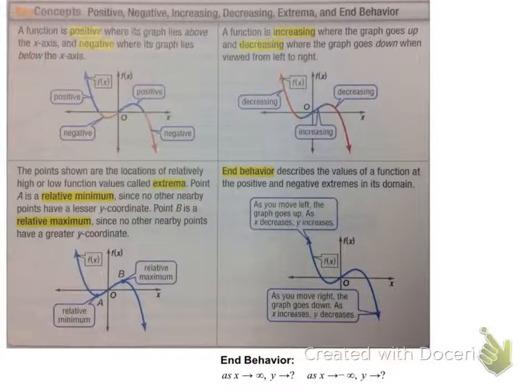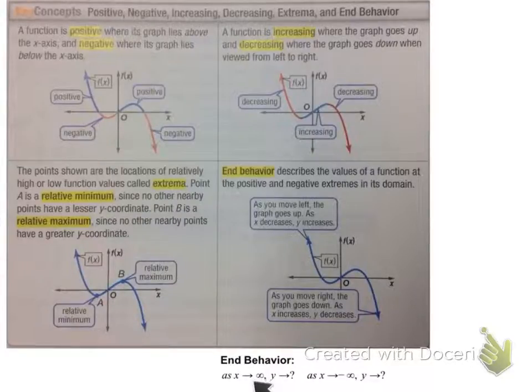Okay? And the last one is called end behavior. End behavior is what is going on at the ends. Now, on the very bottom there, I see that it's also very small. I just basically want you to fill in the question marks. As x approaches, that's why we have little arrows here.